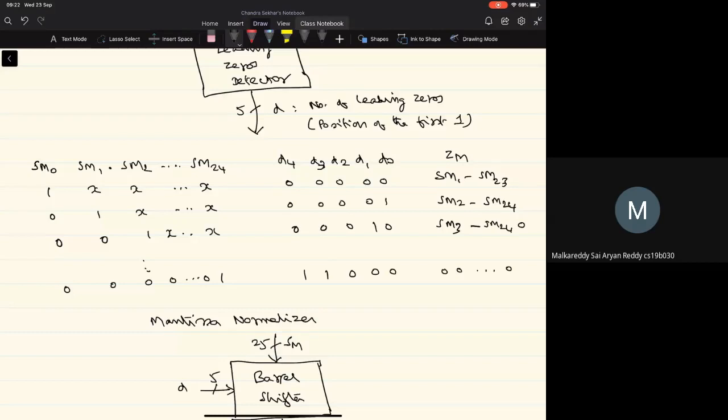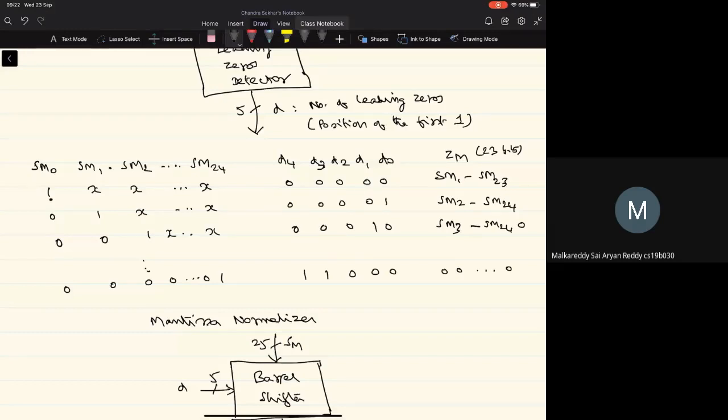And also we need to take into consideration what will be the ZM. That is, how do I get the 23 bits for this mantissa? Please remember that this ZM is going to be only 23 bits, because this is the mantissa fraction of the result. So if the number of leading zeros is 0, the binary point initially is here.